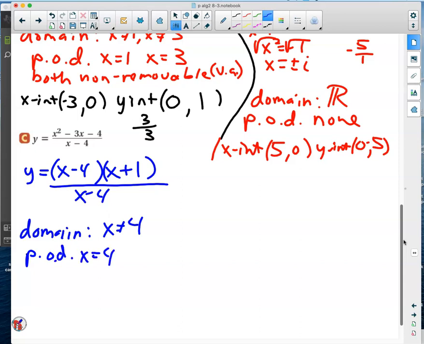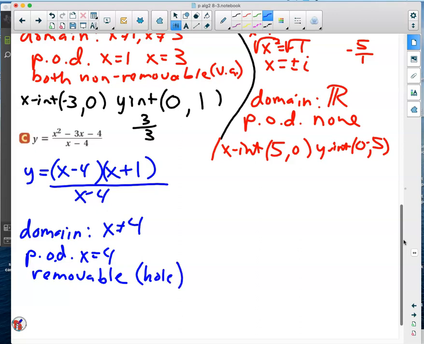So our POD is at x equals 4, but it is removable, which makes it a hole.